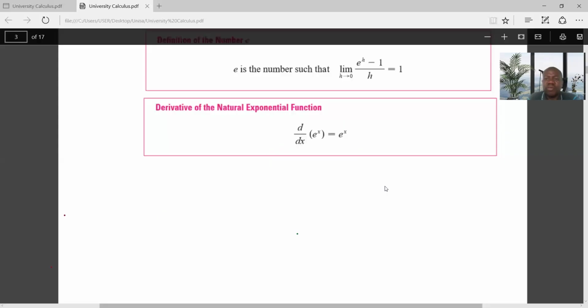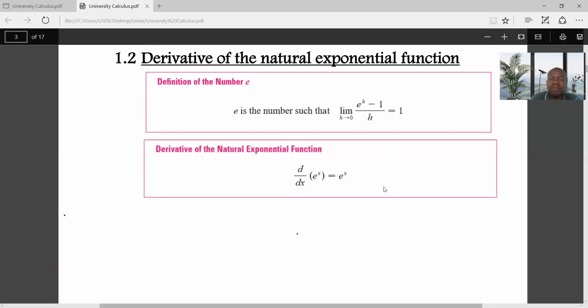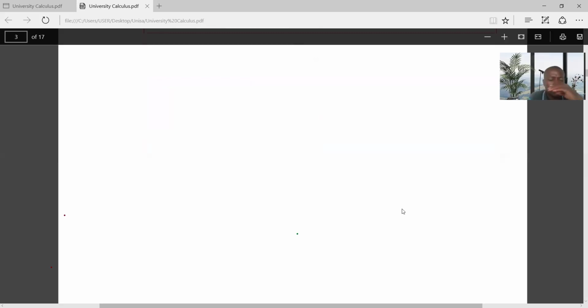We can say we've seen that the limit as h approaches 0 of e to the exponent of h minus 1 over h equals 1. Then now the question is, we want to prove that the derivative of e to the exponent of x is the same as e to the exponent of x.